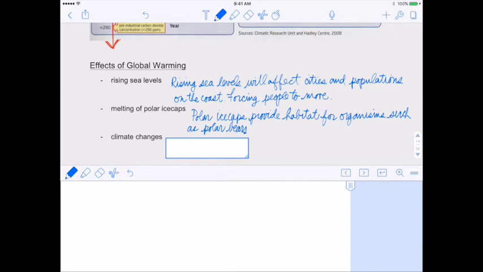Now, you've heard this expression before, climate change. But what does climate change mean? We notice changes in our climate, but we need to notice changes in our overall average global climate.